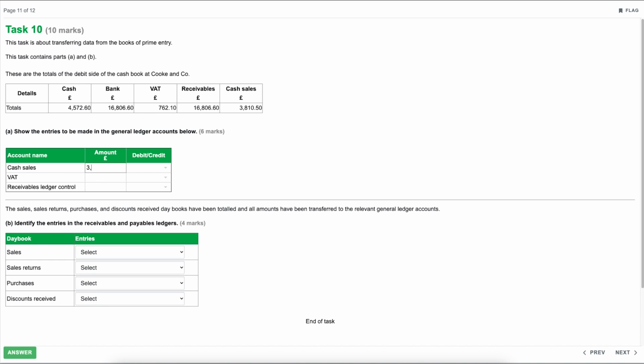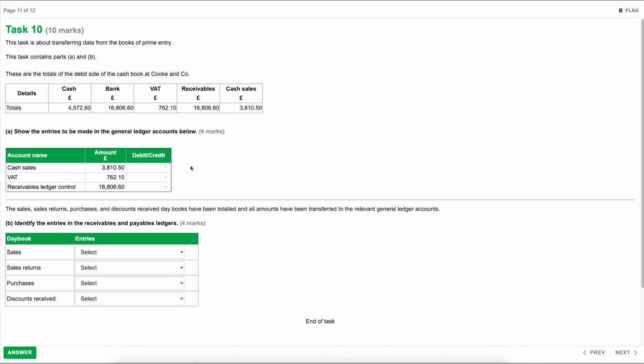So cash sales, £3,810.50. VAT, £762.10. And then receivables ledger control, £16,806.60. Okay, all we now need to do is decide whether they are a debit or a credit.